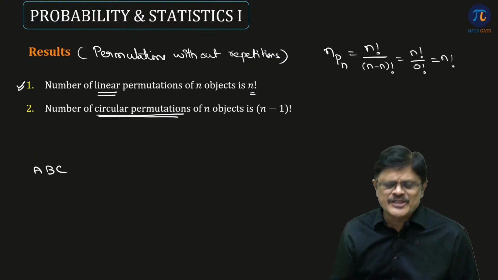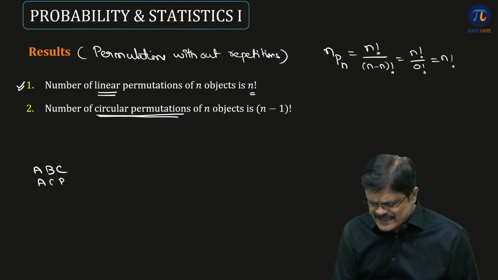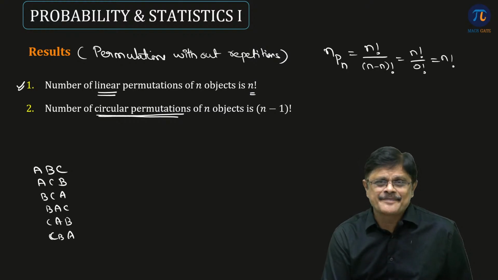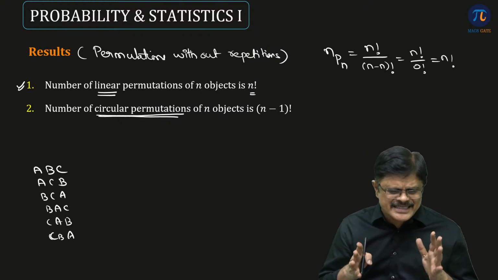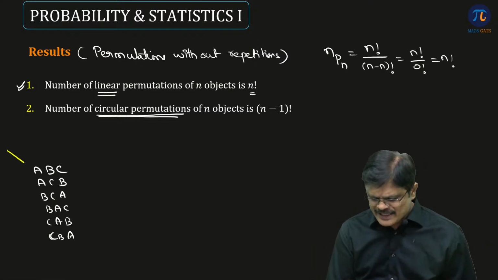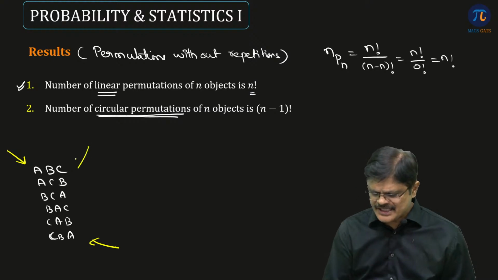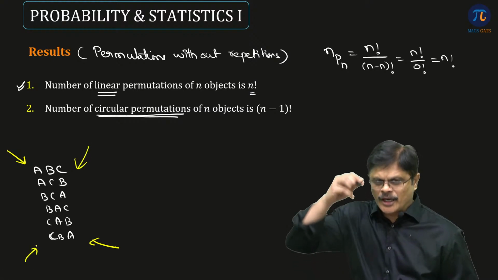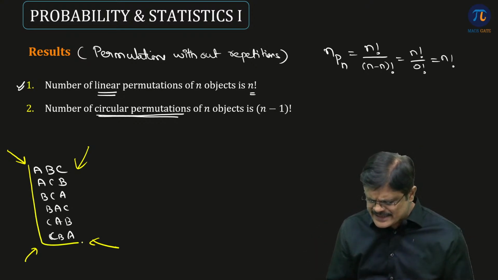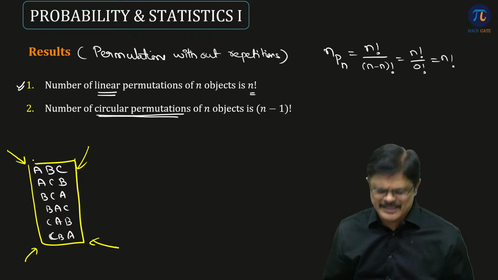That is 6 different ways you can arrange: ABC, ACB, BCA, BAC, CAB, CBA. These are the 6 different ways of arranging these objects in a line. And these 6 are different, whether you see from anywhere, top angle, bottom angle, from any angle.